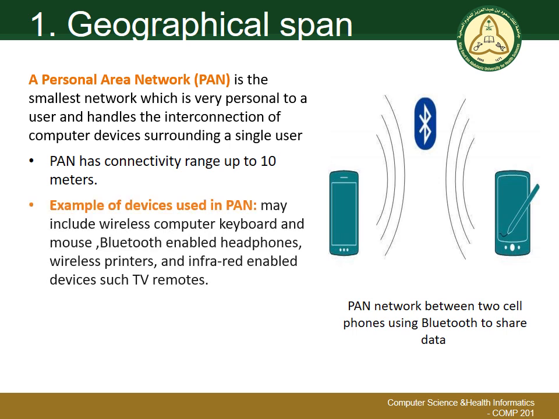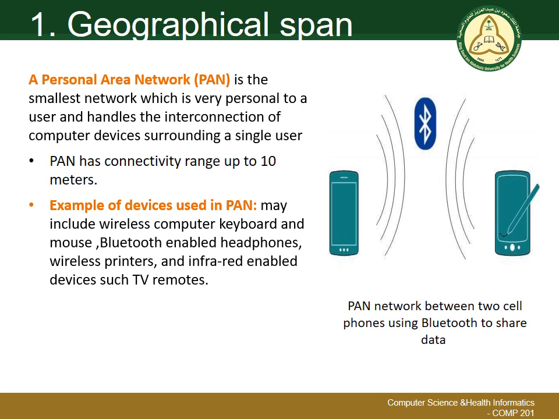The personal area network connectivity range is up to 10 meters. If the distance between the sending and receiving device is more than 10 meters, you might start having problems. So the standard distance between the sending and receiving device usually is 10 meters.